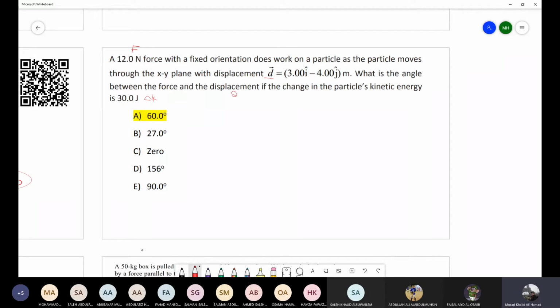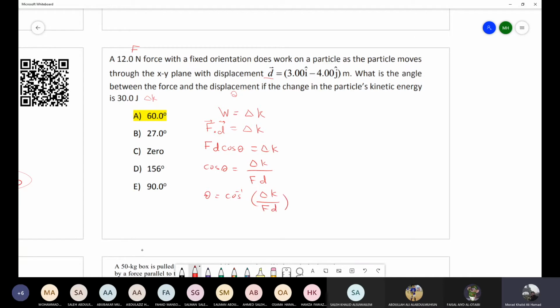We know that work is equal to delta K, and work is equal to F dot d, which is equal to F d cosine theta equal to delta K. So cosine theta is equal to delta K over F d. So theta is equal to cosine inverse of delta K over F d.